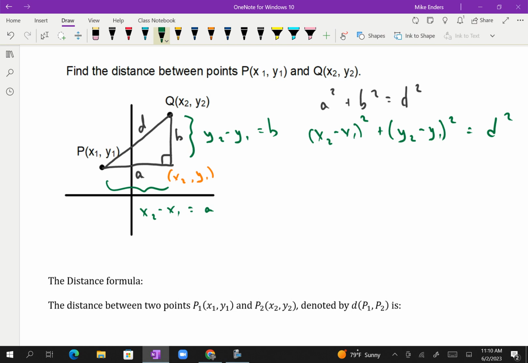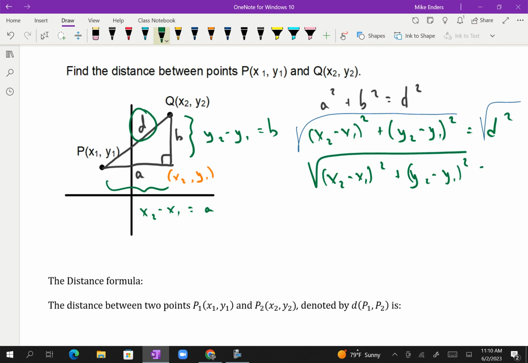We were not interested in D squared, we're interested in just D. So the way to get rid of the square is to take the square root, and in an equation, we take the square root of both sides. So what that does for us is we have the difference in the x's, that quantity squared, plus the difference in the y's, that quantity squared, that whole thing underneath the square root equals D.